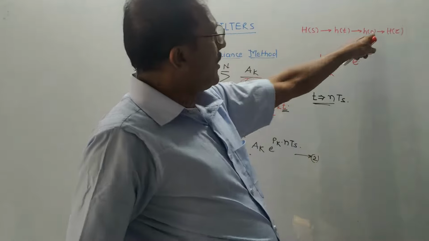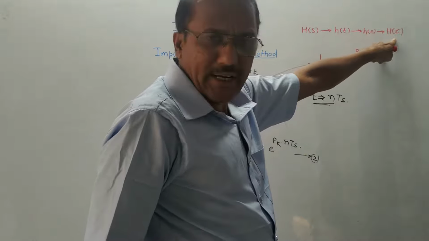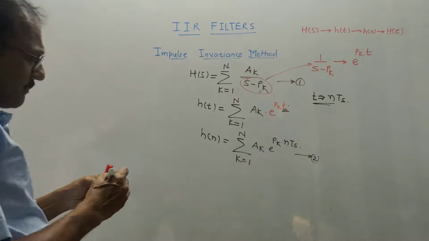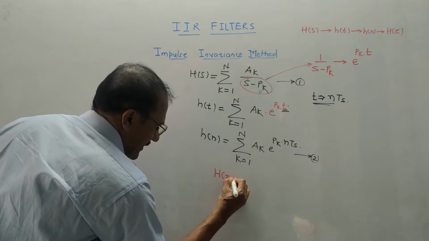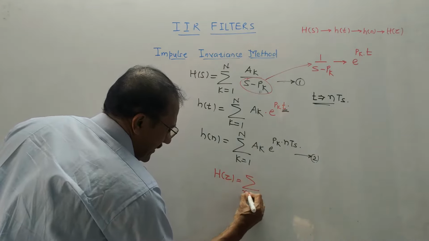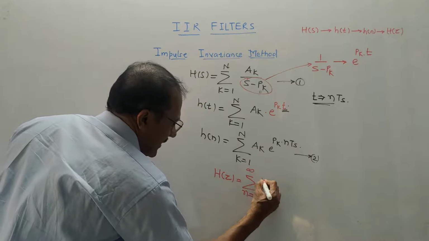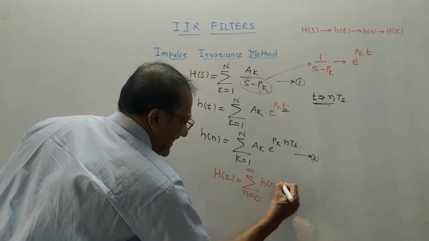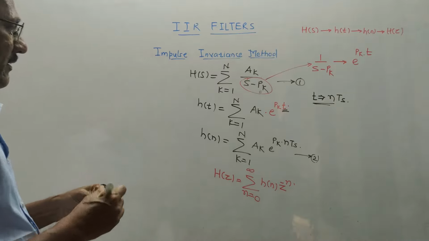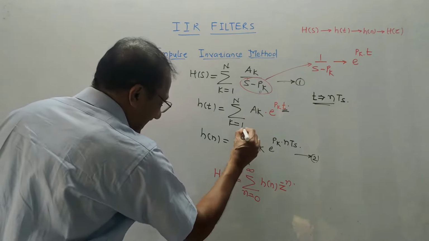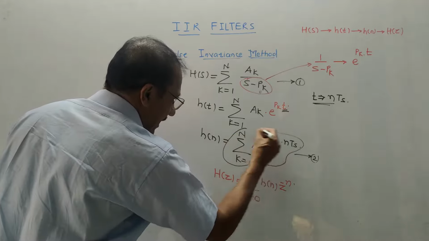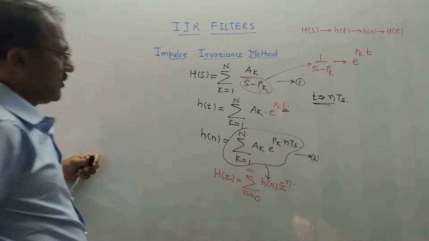Now look at the flow. From h of n, we have to obtain H of Z. The basic definition of Z transformation is H of Z equals summation n equals 0 to infinity of h of n Z raised to minus n. So this is the definition of Z transformation. For h of n, this entire term I need to put in place of h of n.